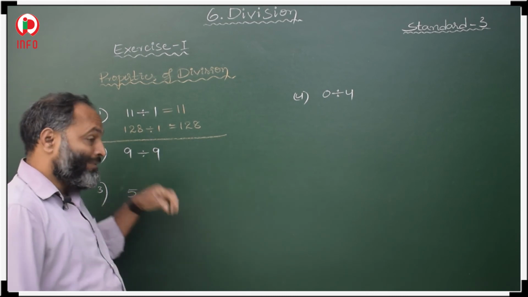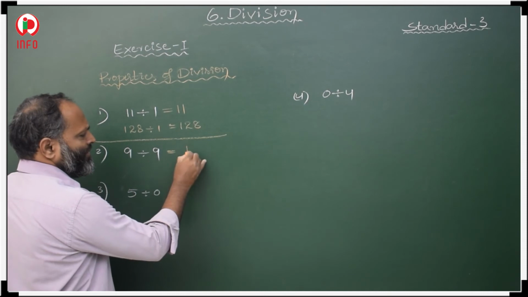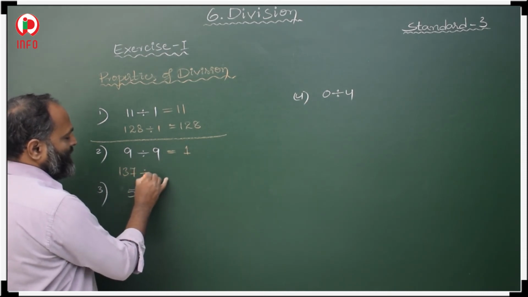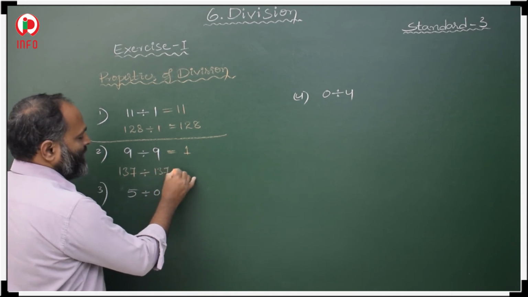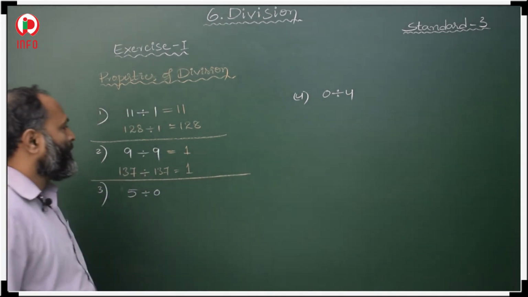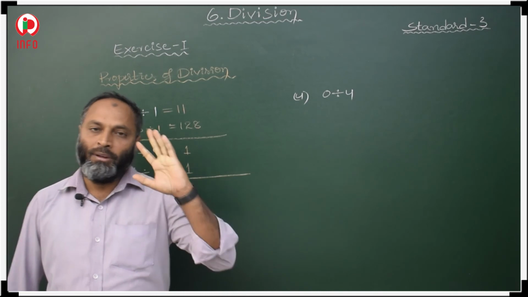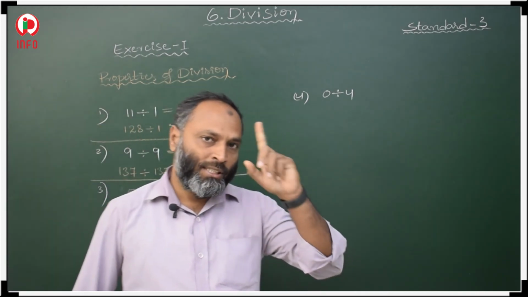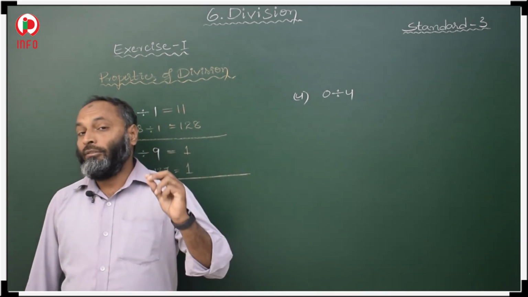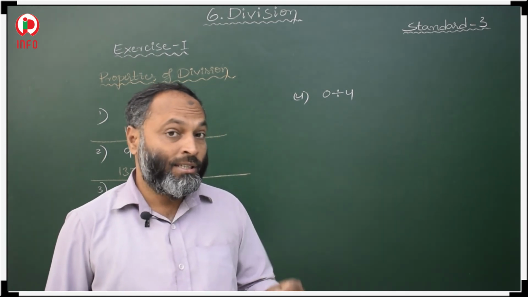If a number is divided by itself, then what is the answer? The answer is 1. If 137 is divided by 137, the answer is 1. This is your second property. First property, if any number is divided by 1, the quotient is the number itself. The second, if any number is divided by itself, then the quotient is 1.